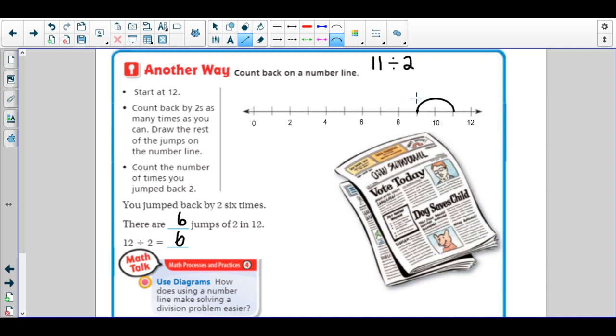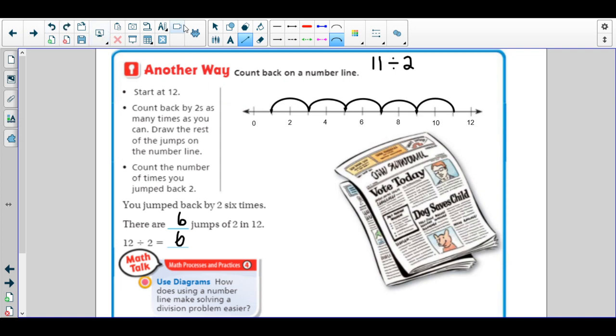So from here to here, and then another jump from here to here, from here to here, here to here, and then here to here, and then I can't make a jump of 2 unless I end up on the negative side over here.